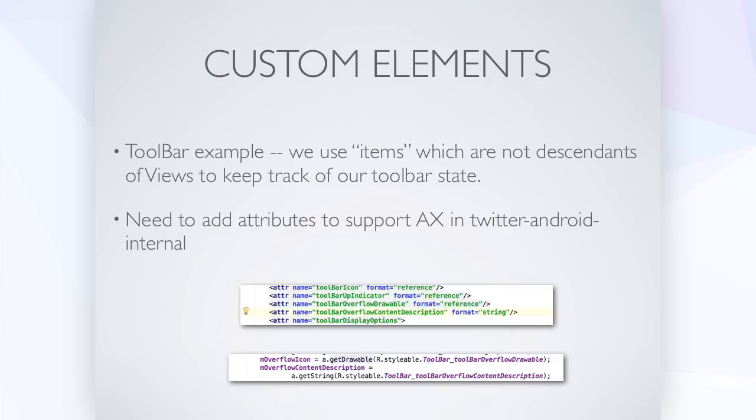I have a toolbar overflow content description that I've added to the attributes, and that then allows me to set the content description. You can see in the code that I just pull that string and apply it to the toolbar. It's nice because even if something doesn't have it built in, by adding the attribute to the attributes file, you can still get that accessibility with only a couple lines of code. Again, it's really simple.